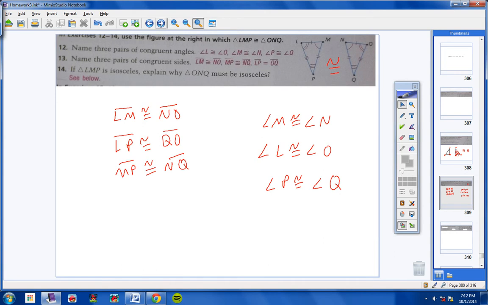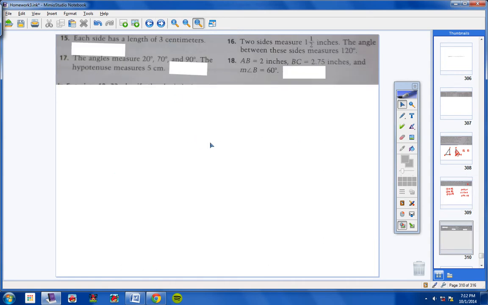They're congruent. All right. Moving on to 15 through 18, we do not have to draw these. I've mentioned that to you already. However, we are going to pretend we've drawn them, at least estimate that we've drawn them. And we're going to say that's 3, and that's 3.